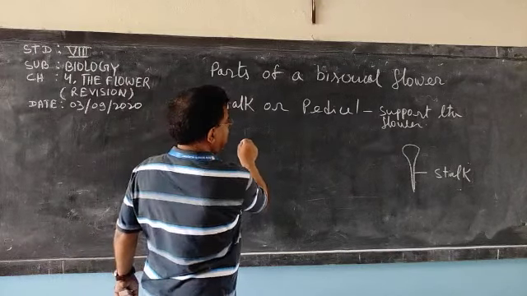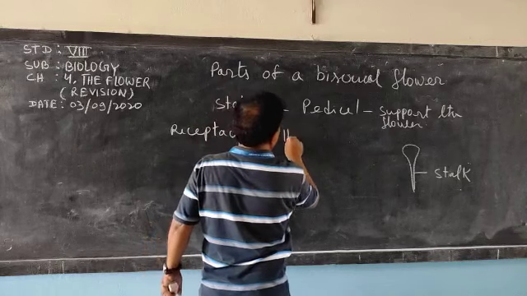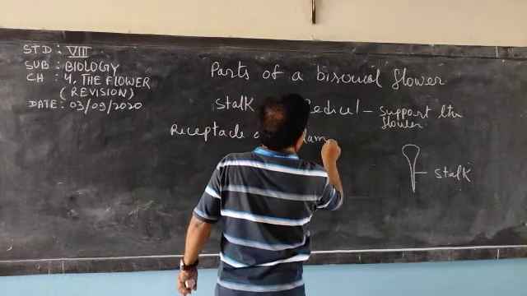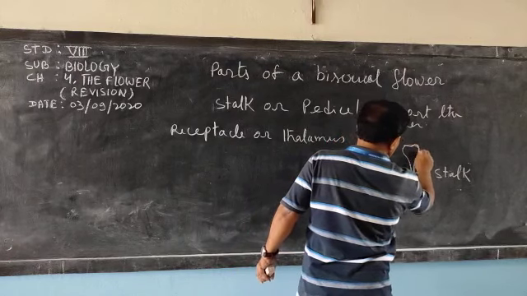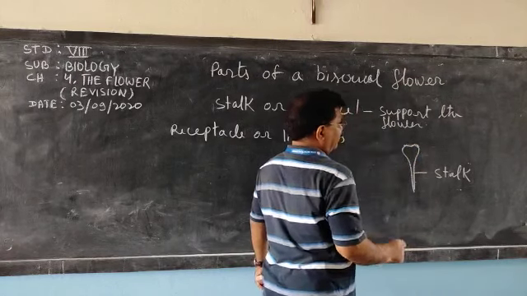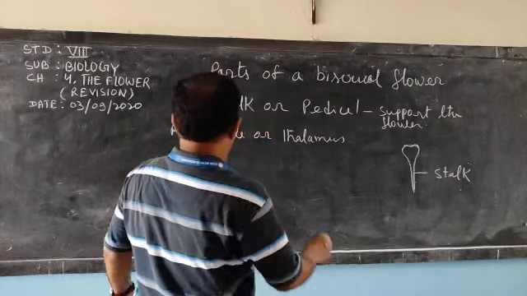Receptacle or thalamus. You can see the upper part, this part, a cup-like structure, the tip of a stalk.